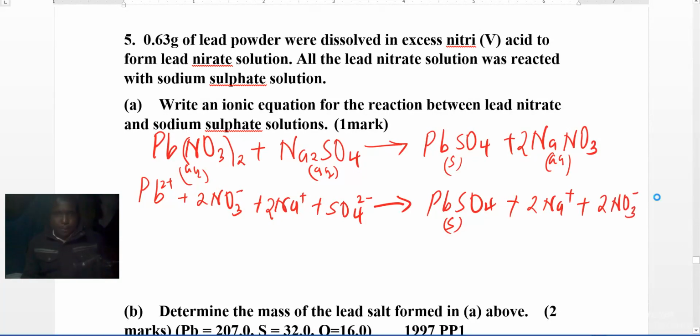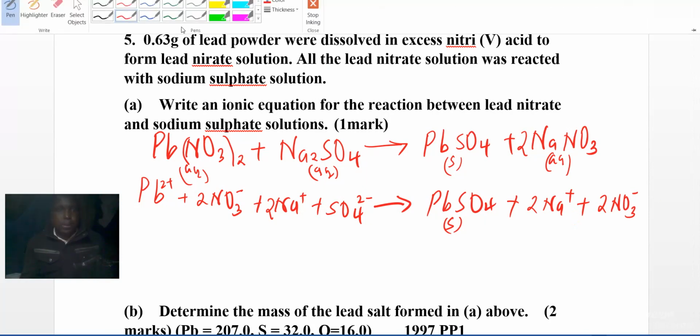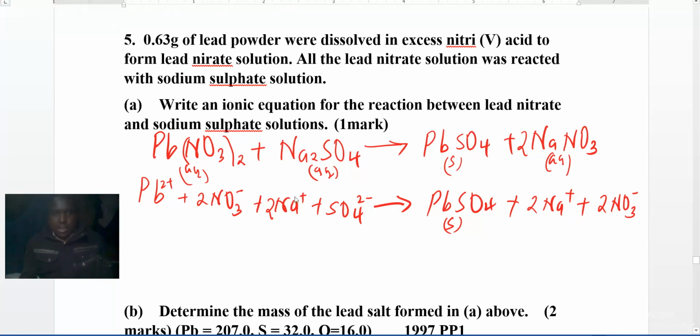So there are ions you are seeing on the left side, and they are appearing at the same time on the right side. Those are called spectator ions. They cancel out. They have no importance there. So the spectator ions, as you can see here, are 2 sodium, 2 sodium, 2 nitrates, 2 nitrates.